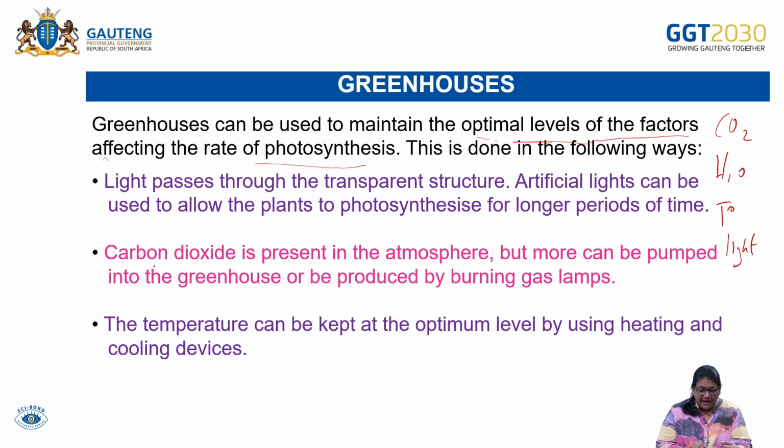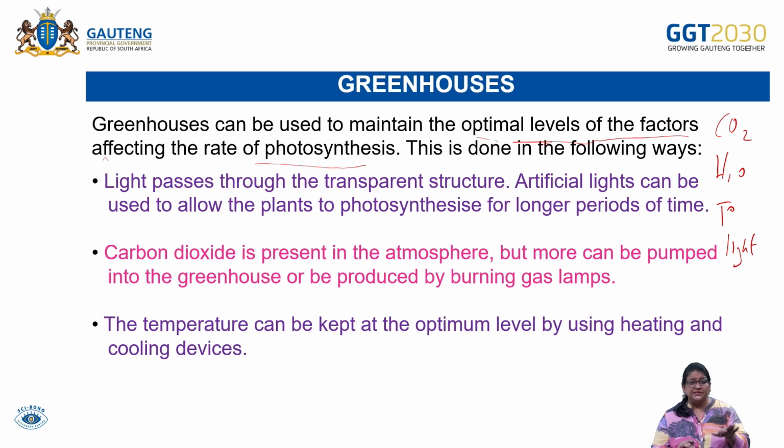Okay, so carbon dioxide is also present in the atmosphere. So within this greenhouse, you're getting light, you're getting the right temperature because the heat is trapped from the sun, but you also must give the plants what? CO2. So now you've sealed off these plants. So what can you do to increase the amount of CO2?